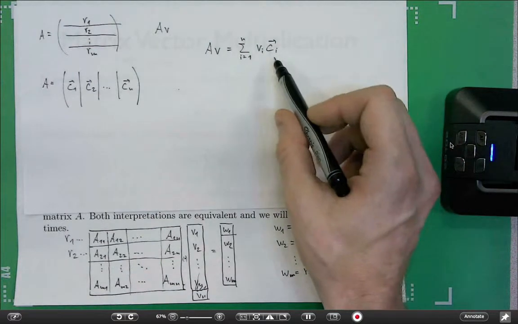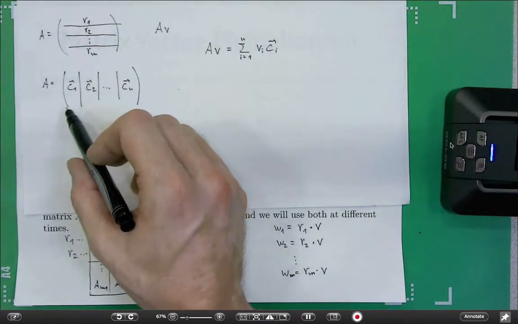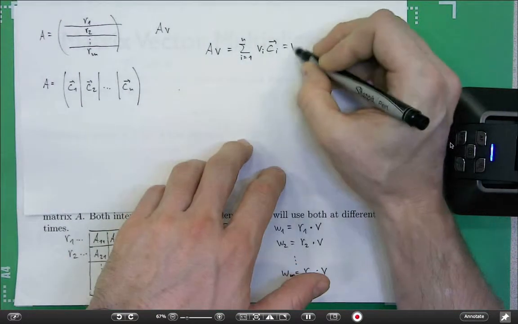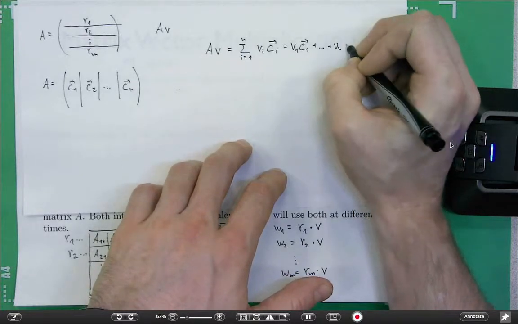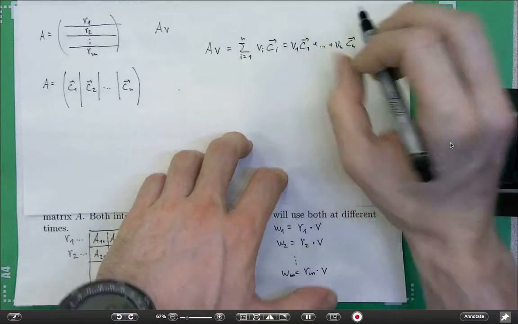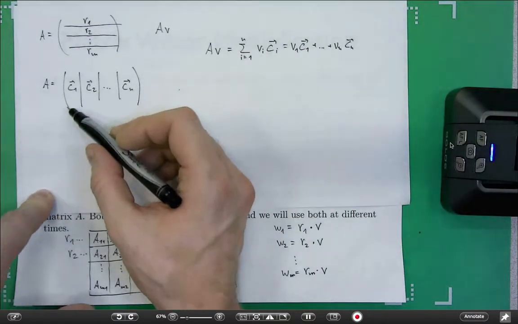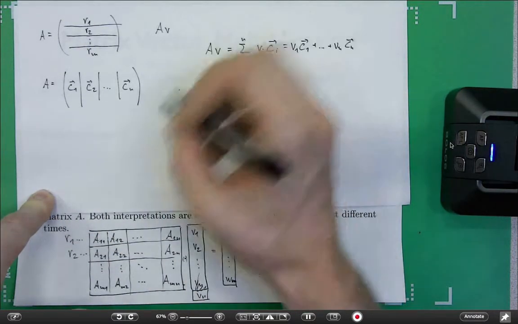So I'm taking the column number i, so I could also write it like V1 C1 plus Vn Cn, right? I'm taking the column and multiplying it by the coordinate of V.